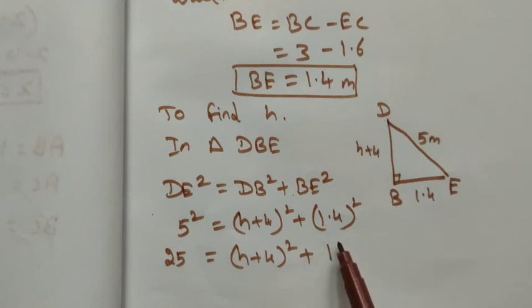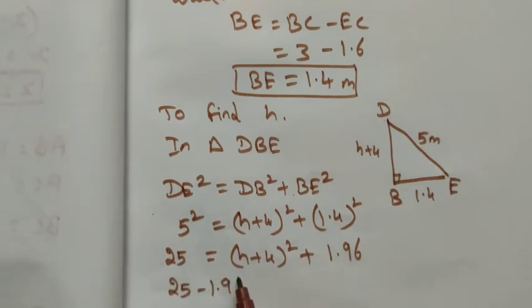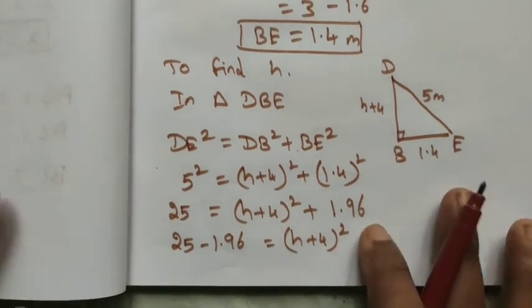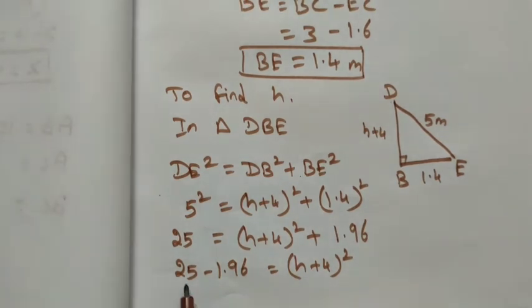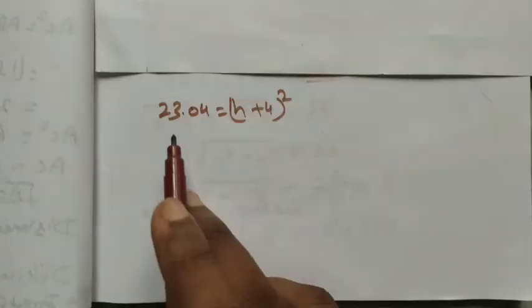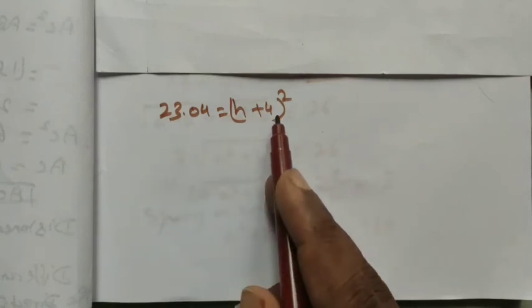So we have two decimal places, 1.96. I take this 1.96 to the other side. So 25 minus 1.96 is equal to H plus 4 whole square. Subtract this term, we get 23.04 is equal to H plus 4 whole square.